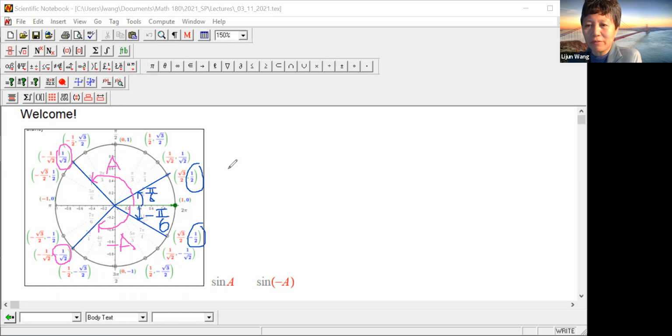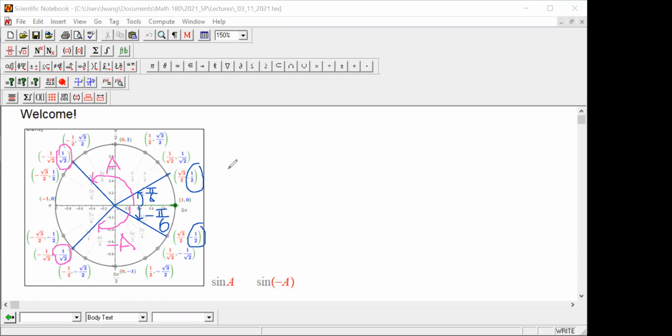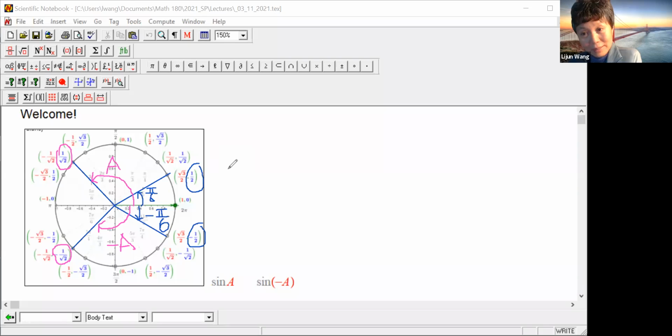How is reference angle defined? The acute positive angle between the terminal side and the x-axis.